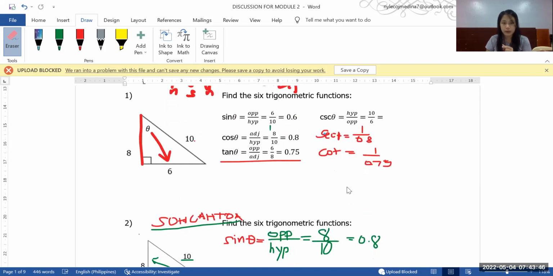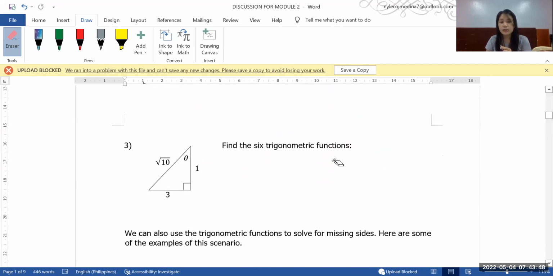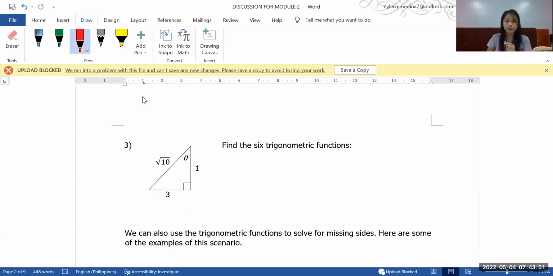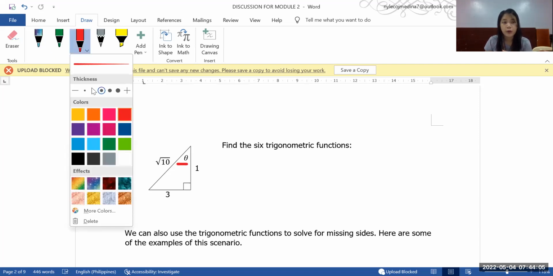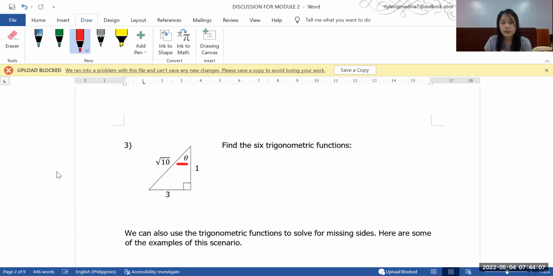So for example, I mentioned this last time, let's look at another example. Given that this is your triangle, the given angle is theta. So if you're going to find for your opposite or for your adjacent, always remember your SOHCAHTOA.